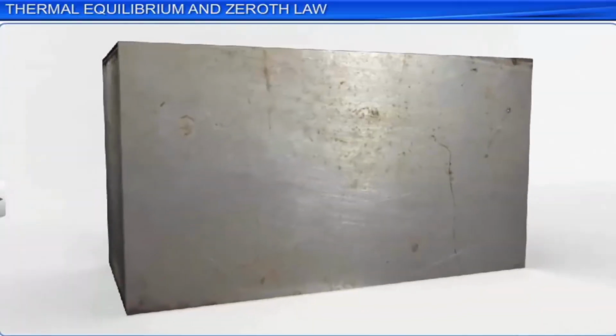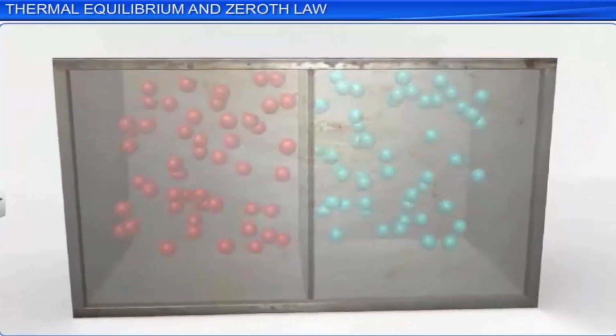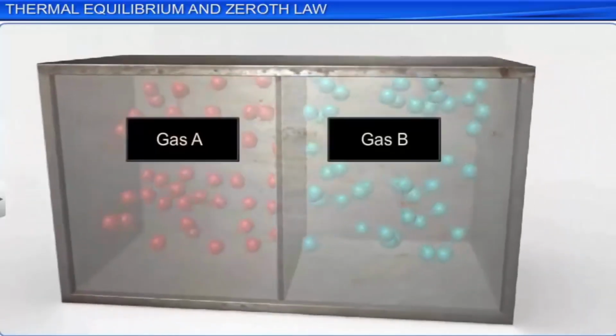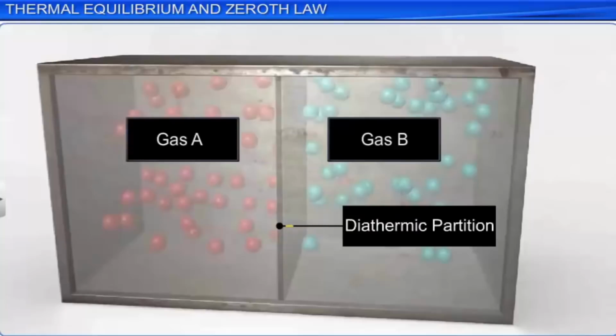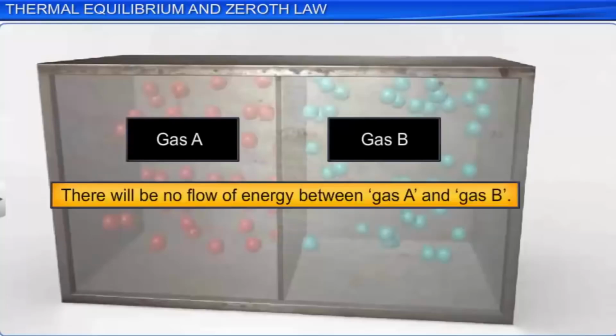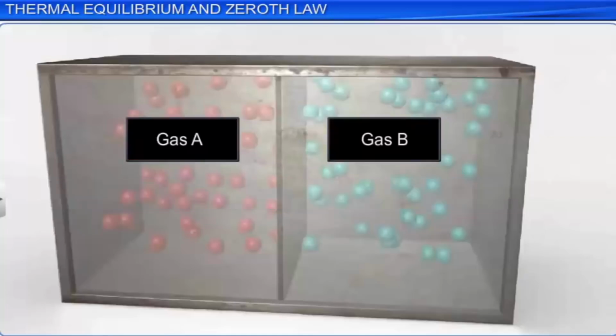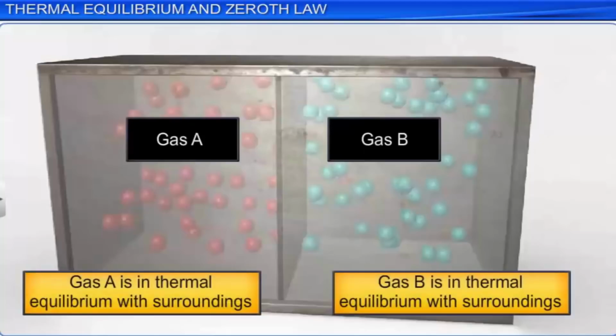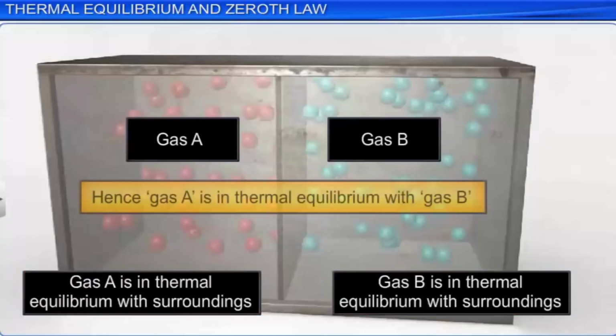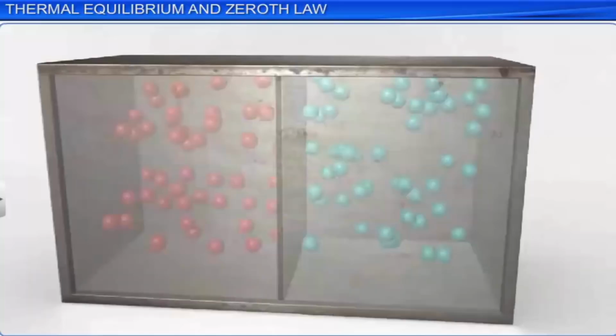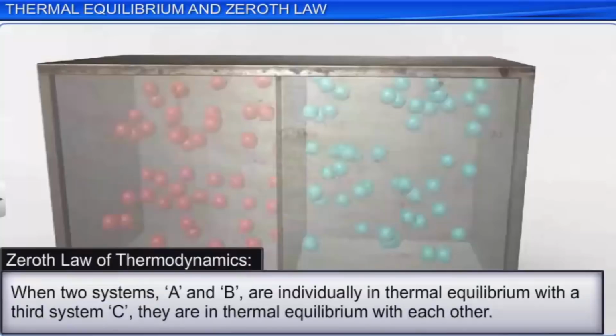If we replace the adiabatic partition between the two chambers with a diathermic partition, then there will be no flow of energy between gas A and gas B. Because when two systems, A and B, are individually in thermal equilibrium with a third system C, they are in thermal equilibrium with each other. This is known as the zeroth law of thermodynamics.